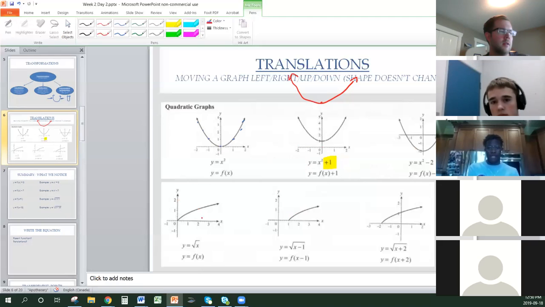Aaron, down here is when we're moving it left and right. What did you notice about when we were moving it to the right 1? You'd add the negative number into the square root part of the equation, and it would put it over onto the positive side of the x-axis. Got it.